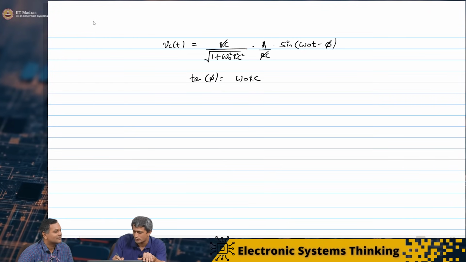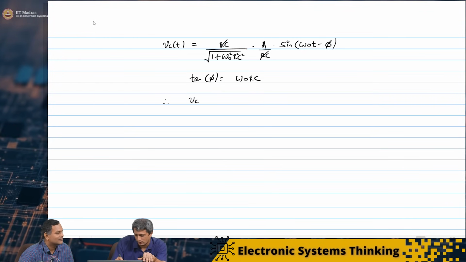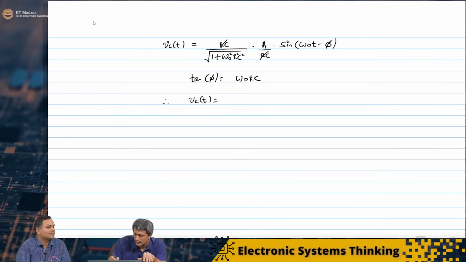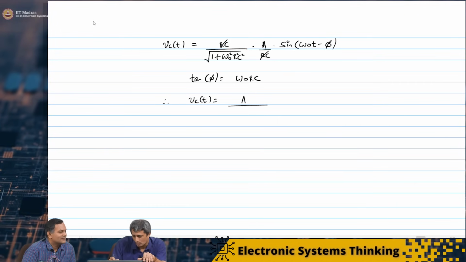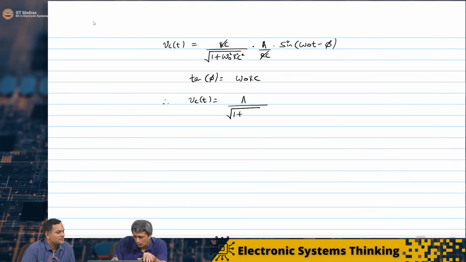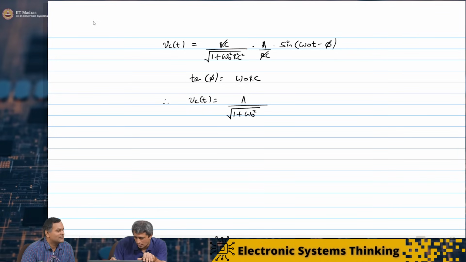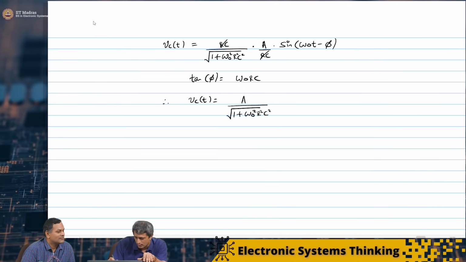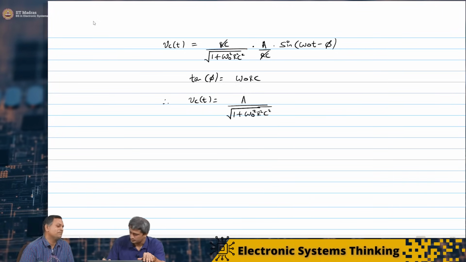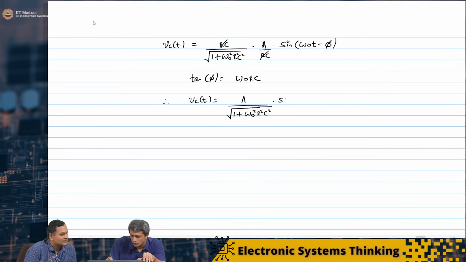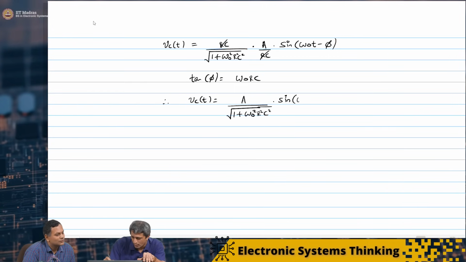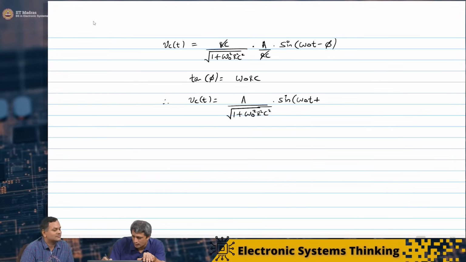Therefore, Vc of t is A by root of 1 plus omega naught squared r squared c squared, into sine of omega naught t minus phi.